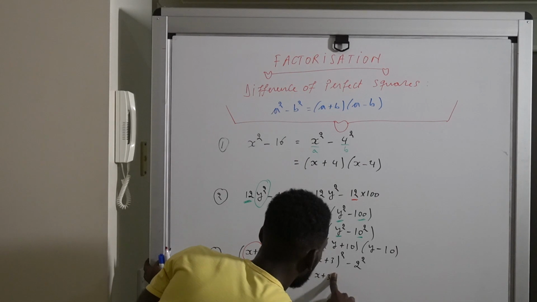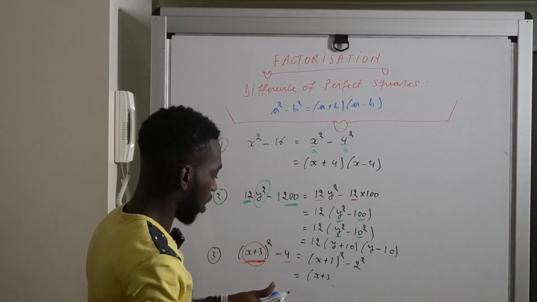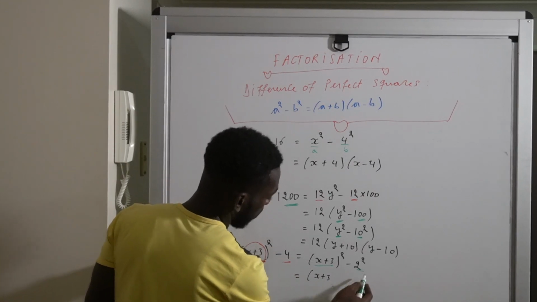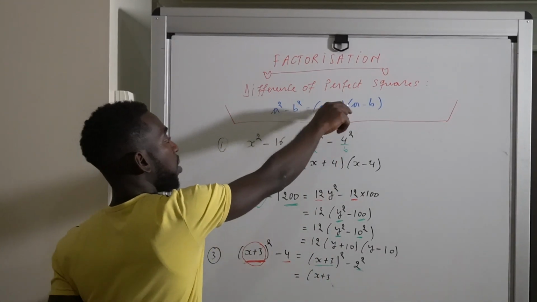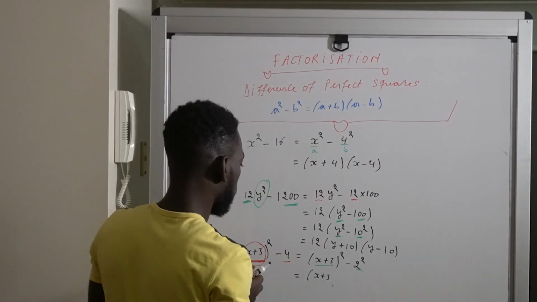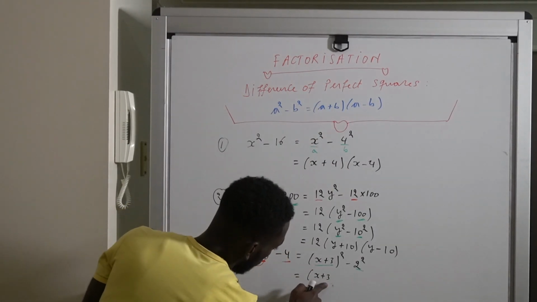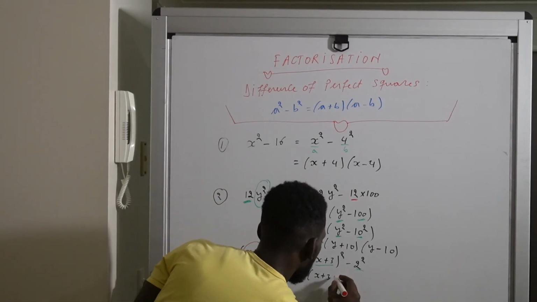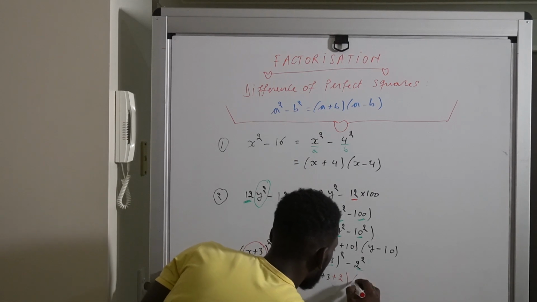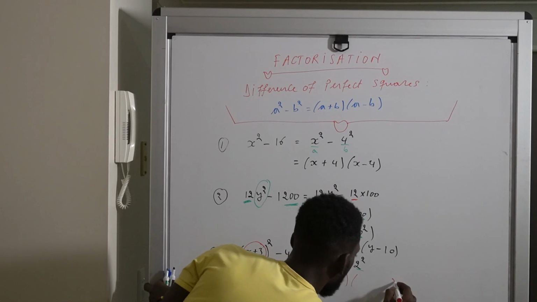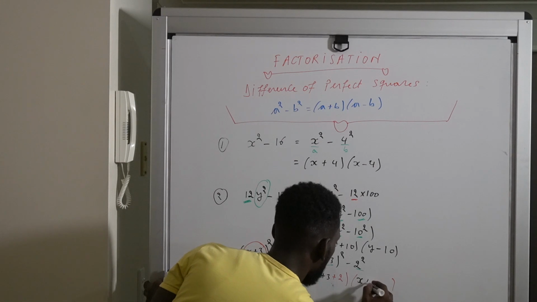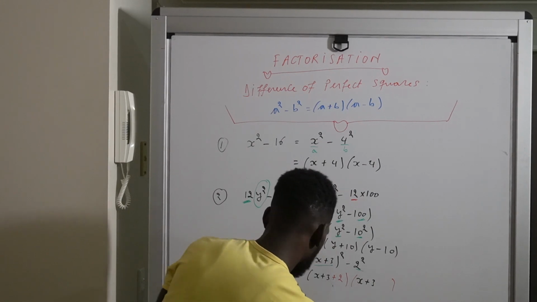So remember, now you can see this is our a, as I mentioned, and this is our b. Now we can apply the formula, so it's a plus b times a minus b. So a plus b, this is our a, and then you put the plus b, times a minus b.